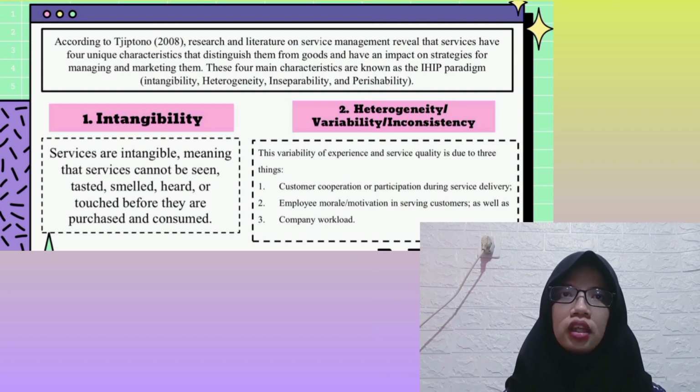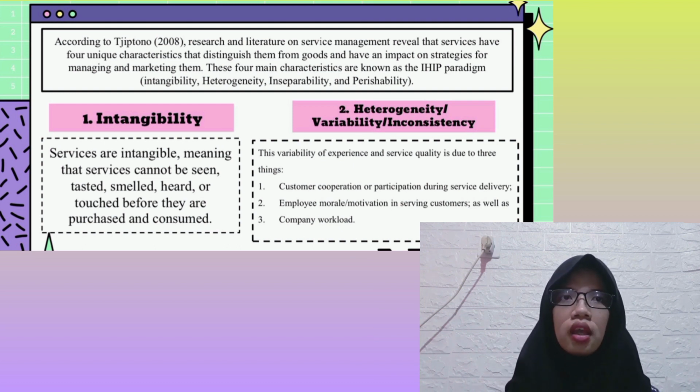This variability of experience and service quality is due to 3 things: A. Customers' cooperation or participation during service delivery. B. Employee morale or motivation in serving customers. C. Company workload. These factors present their own challenge in any company's efforts to develop a consistent brand image over time.